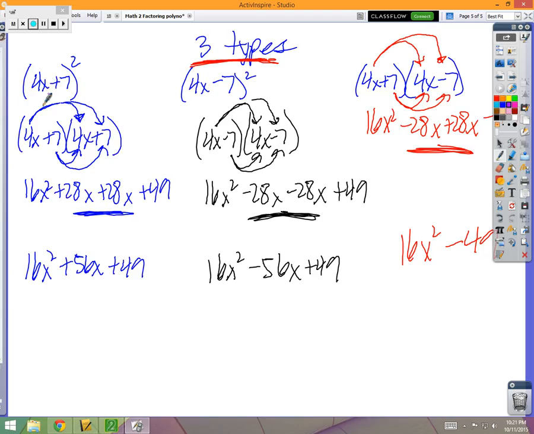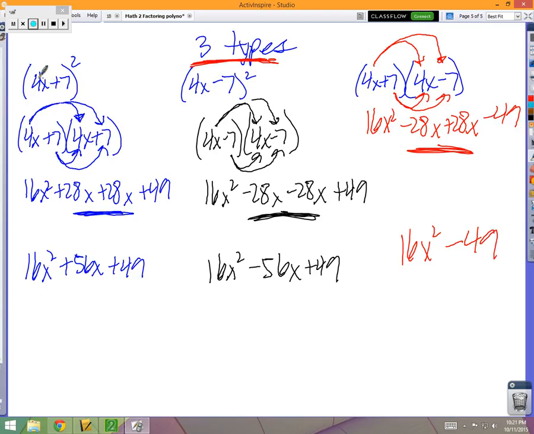So this first one, if it is that times itself and you're adding, your answer is going to be a trinomial. It's going to be 3 terms, and the first one is whatever that is times itself. So 4x times 4x, and it's going to be 16x squared. And the last is going to be that times itself, 7 times 7, which is going to be 49.